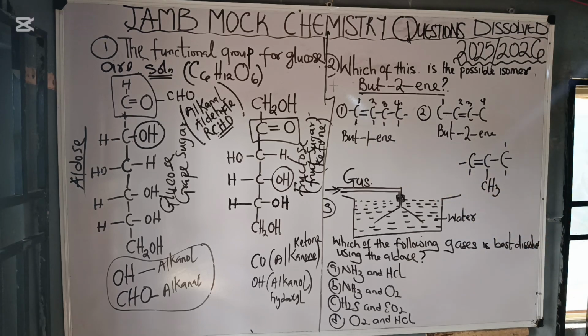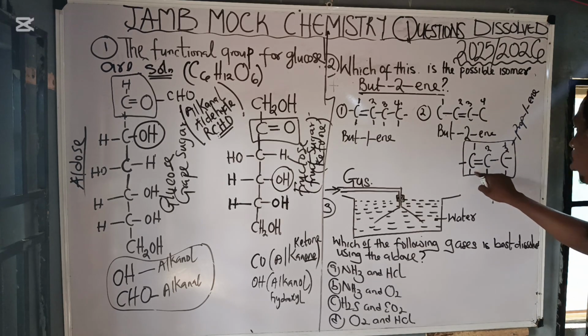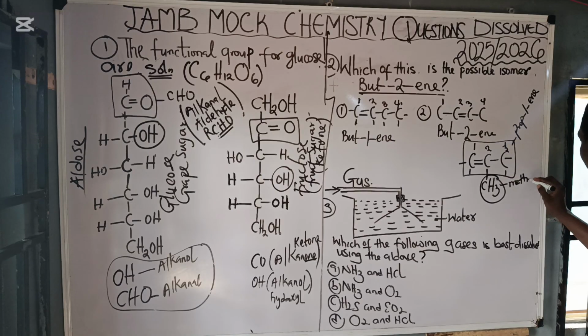But what's the name of this compound? If I number the carbon 1, 2, 3, this long continuous chain is called prop-1-ene. Yes, the word prop means 3 carbon atoms. 1-ene means that the double bond is in the first carbon atom. Why is this one called what? Methyl. But where is the methyl found? This methyl is found in carbon number 2.